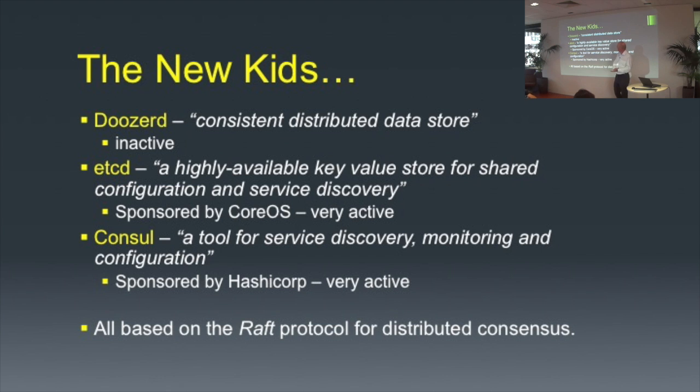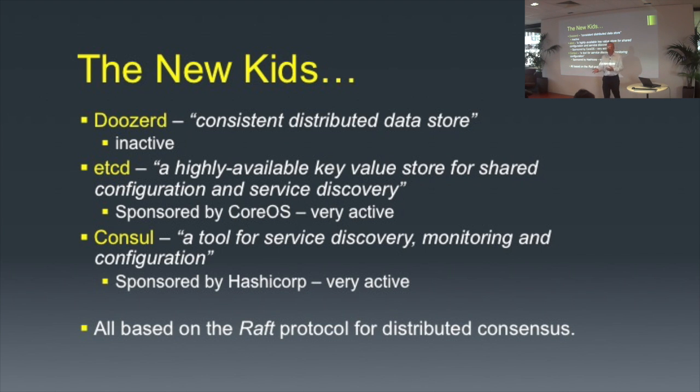More recently, there's been a couple of new kids come along, and a lot of them have been driven by the Raft protocol. So some guys from Stanford University, they went out and they looked at this Paxos algorithm, and they looked at all of the different implementations, and every single one was different. So no one could really agree.